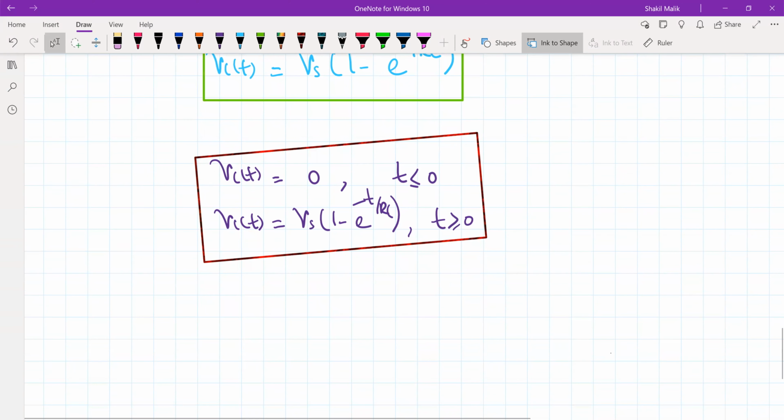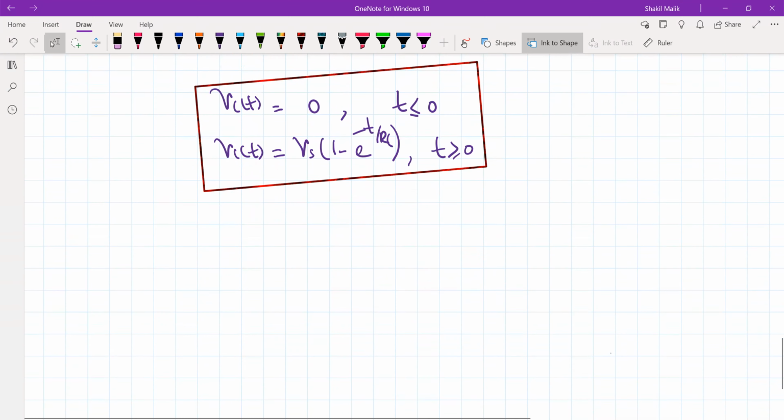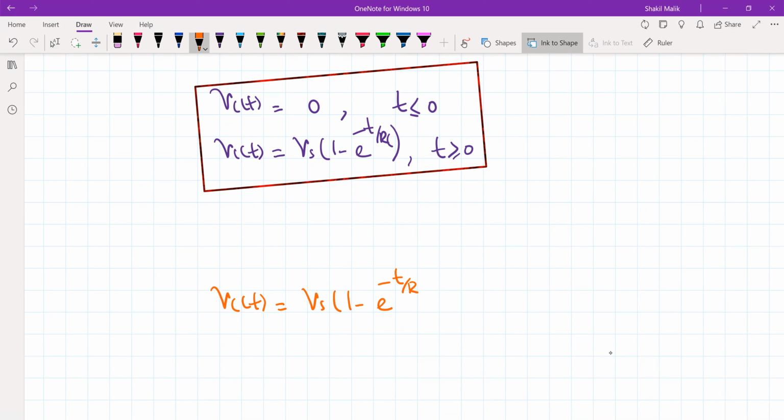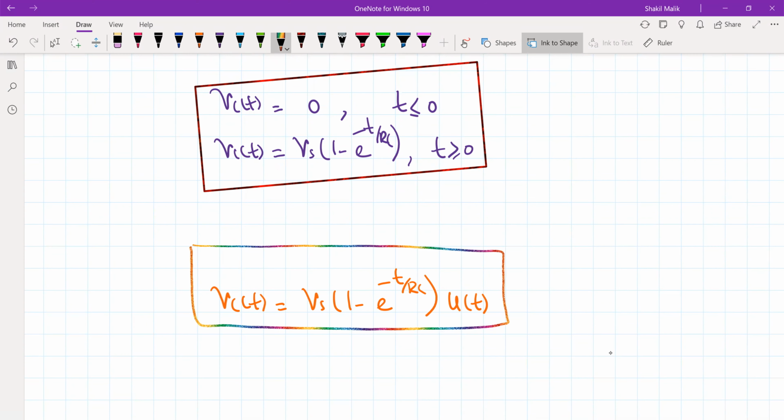So this is the capacitor voltage, and we can write it by a single equation. We can say the capacitor voltage simply is Vc of t is equal to Vs times 1 minus e to the power of minus t by RC, if we multiply it with u of t, right? How can we write this?